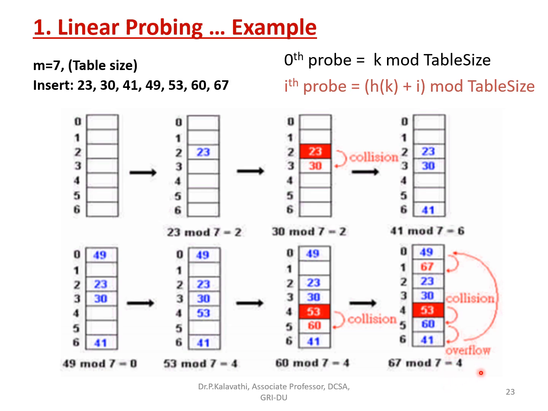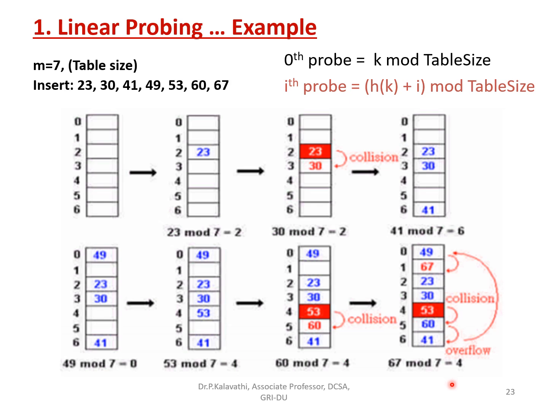So 4 plus 3 is 7 and 7 mod 7 is 0. The remainder is 0. We try to insert 67 in location 0. Again location 0 contains the key value 49. Again there is a collision. We cannot insert it, so we have to go to the next probe.